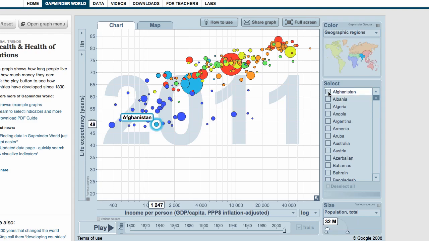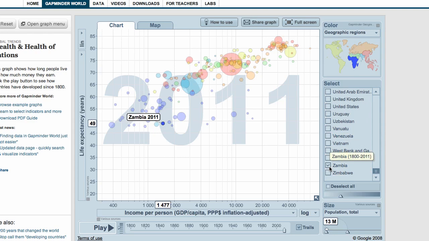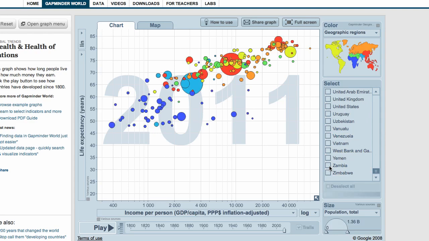So for example, you could look at Afghanistan right here, or you could look at, let's say, Zambia, and it's going to show where those are. Or you can look at entire trends, like saying, okay, I really want to see what South Asia looks like. So you can look either individually or in aggregate at particular regions and start to see if there are trends and patterns to investigate.